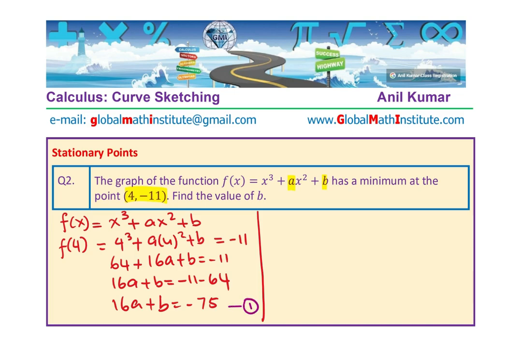Now, the second equation we are going to get using the derivative. So what is the derivative of this function? The derivative of the function is 3x squared plus 2ax. And since we have a minimum value at this particular point, it is a stationary point, right?